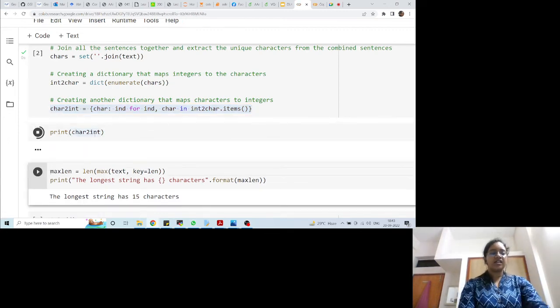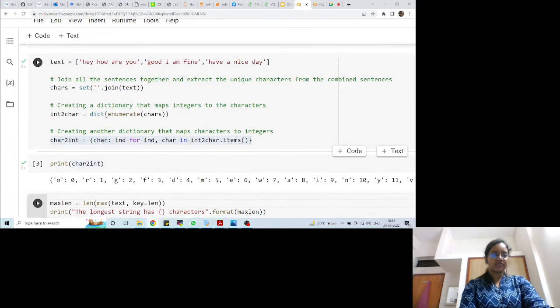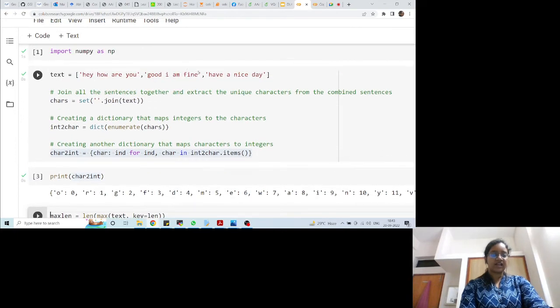If you run this, you see all of these letters, and you simply assign a number to them. So O has been assigned the number 0, R has been assigned the number 1, and so on.